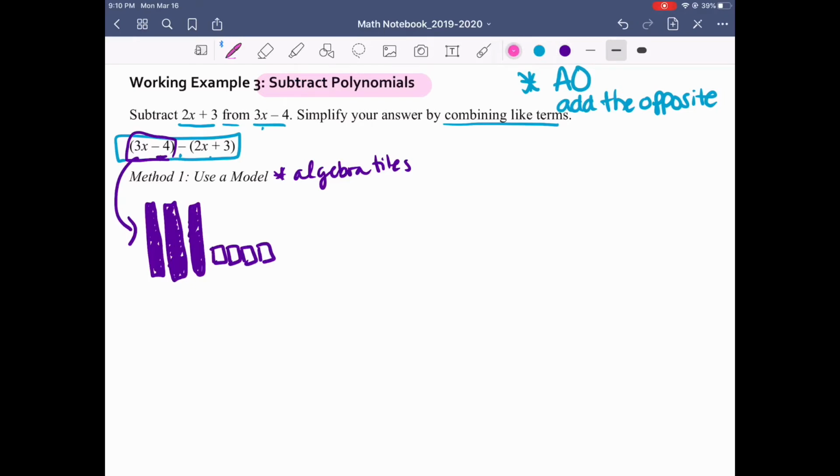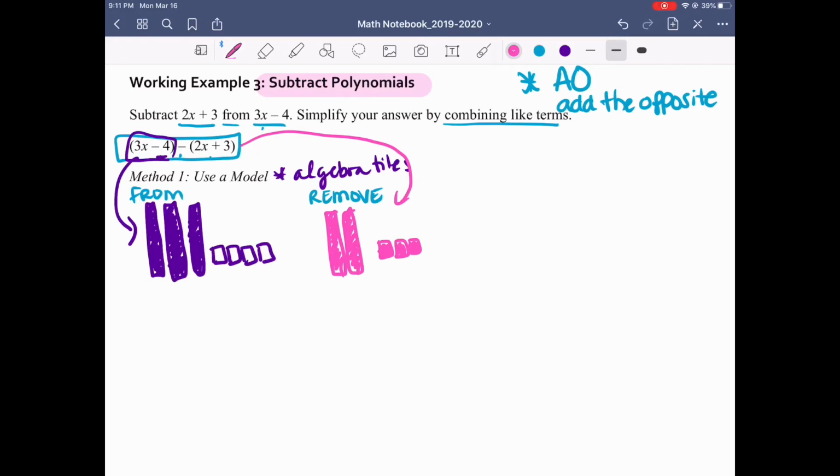And then from this, we are going to remove, because subtraction basically means remove, 2 x tiles and 3 positive tiles. This is what the question is asking us.